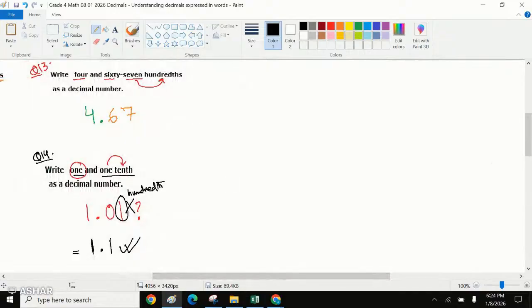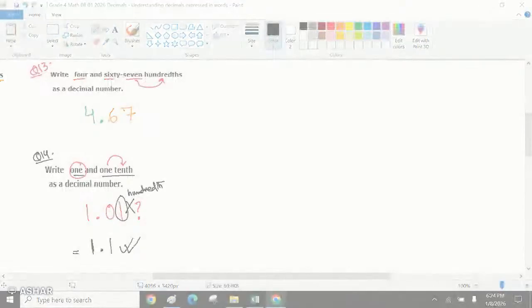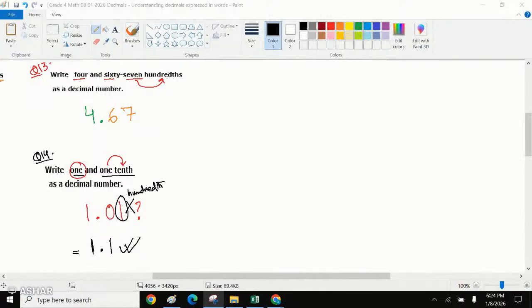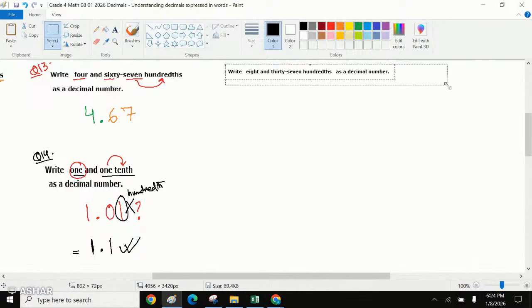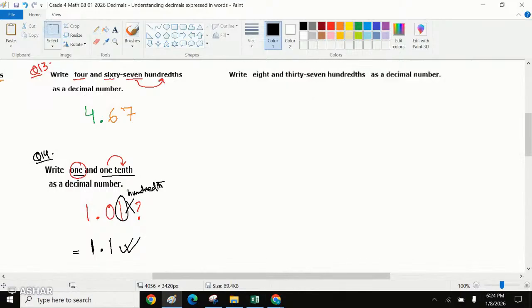Okay, let's see if in the next question we have a correct answer or an incorrect answer. I'll try to change the value, okay? For the next question, let's say the answer for this question would be 8 and 37 hundredths, right? So can I write 8.73?